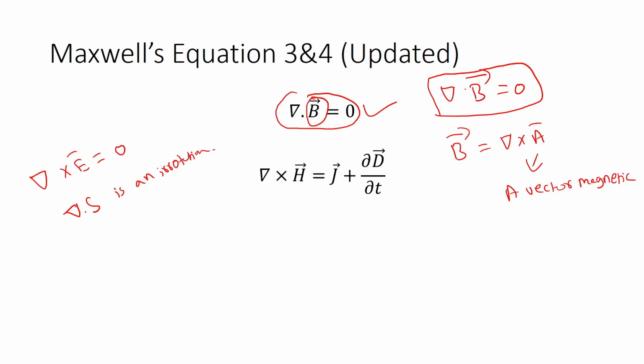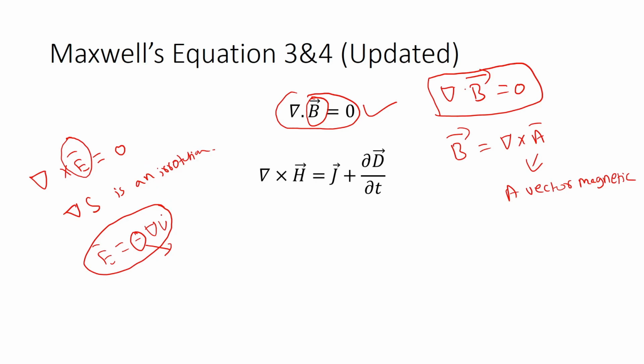Because the gradient of any scalar field is an irrotational vector, ∇×Ē is equal to 0, where Ē is an irrotational vector. Therefore, Ē was equal to minus ∇V. So that is how we got the scalar electric potential, and the negative sign indicates that work done in moving a body from point A to B is in the direction opposing the direction of electric field intensity.